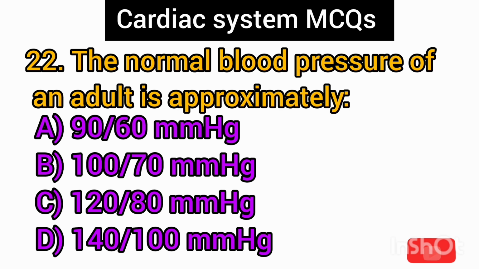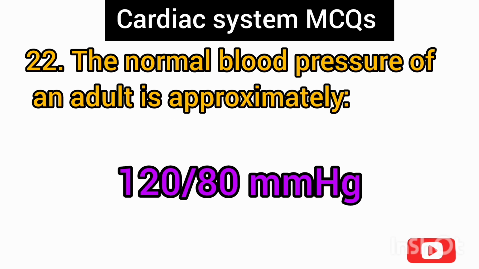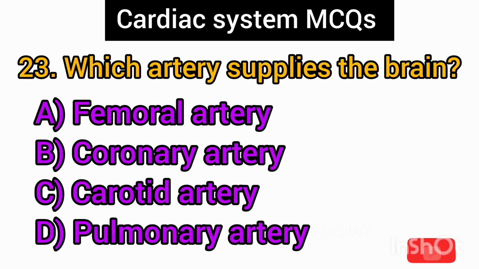The normal blood pressure of an adult is approximately 120/80 mmHg. Which artery supplies the brain?